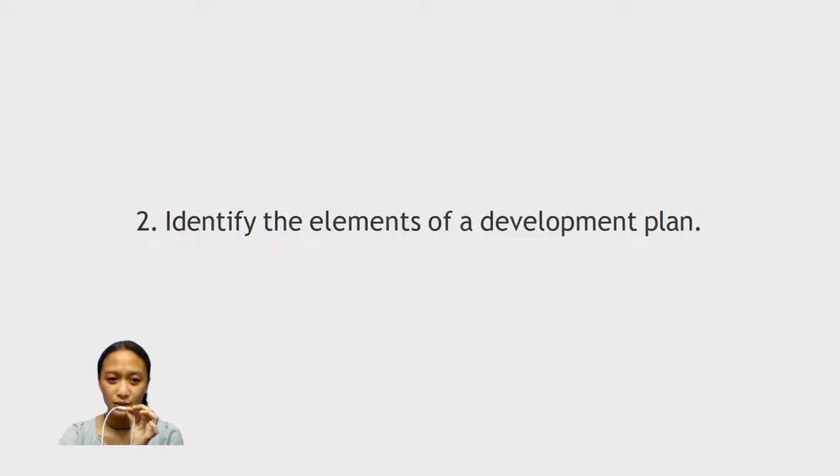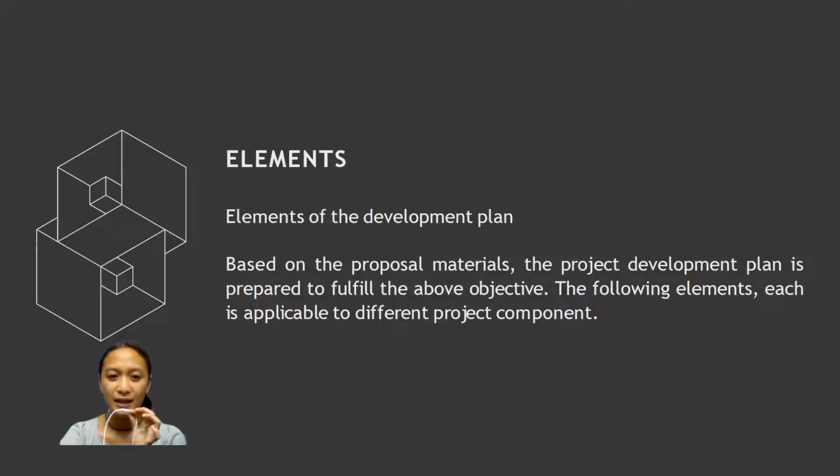For the second question, identify the elements of the development plan. Based on the proposal materials, the project development plan is prepared to fulfill the above objectives. The following elements, each is applicable to different project components.